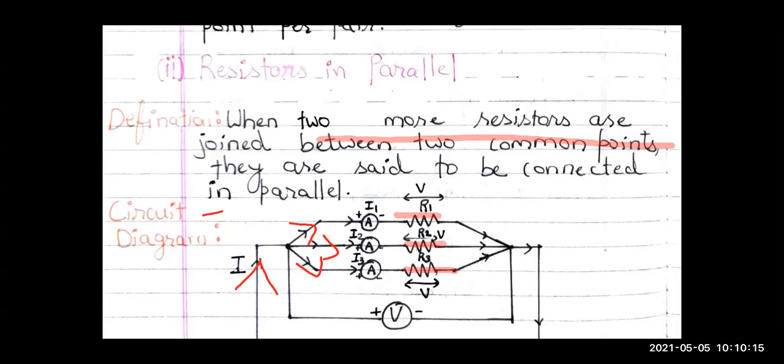So the current is not going to be equal unless all these are equal. If R1, R2, R3 are different, suppose the value of R1 is 100 ohm, the value of R2 is 1 ohm, and the value of R3 is 4 ohm. So 100 ohm means a lot of opposition.